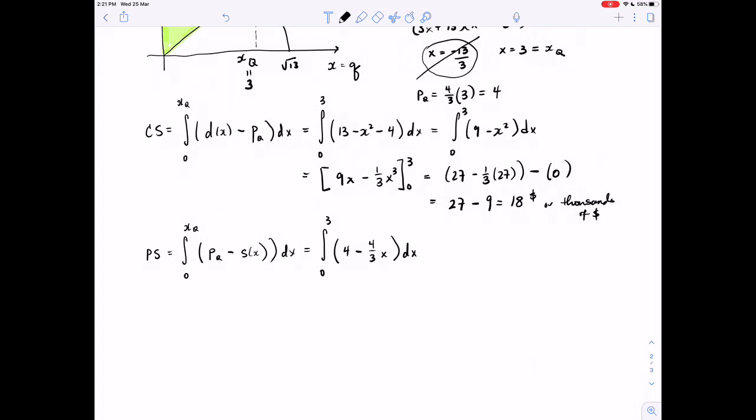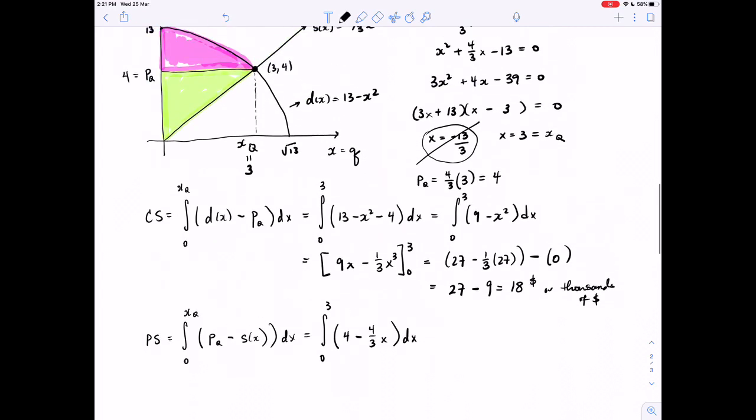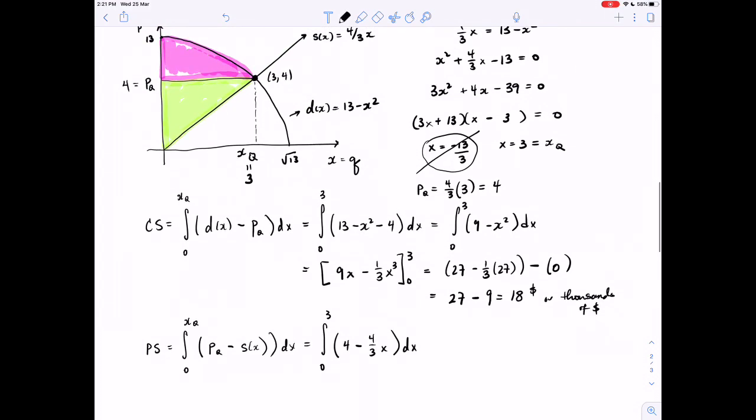I could do this entirely by integrating again, but I'm going to recognize that this is a lovely triangle, and I'm going to use just geometry, 1/2 the base times the height gives me the area of that region. So the base is going to be this distance right here, and so my base is 3.